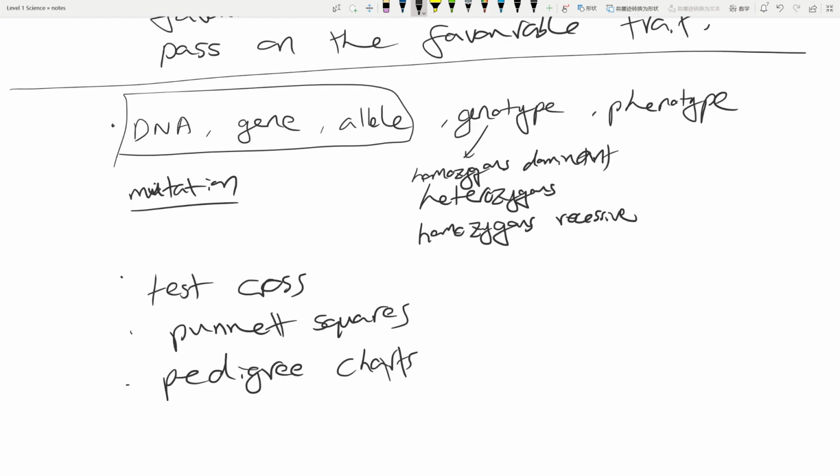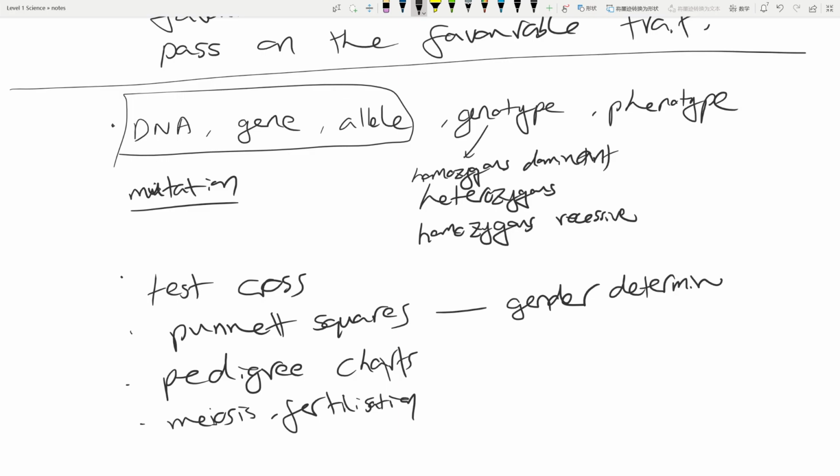And then look at meiosis, fertilization, gender determination. Gender determination kind of fits on Punnett square. And the big one is going to be variation. Okay, so this is most likely the big concepts you definitely need to know.